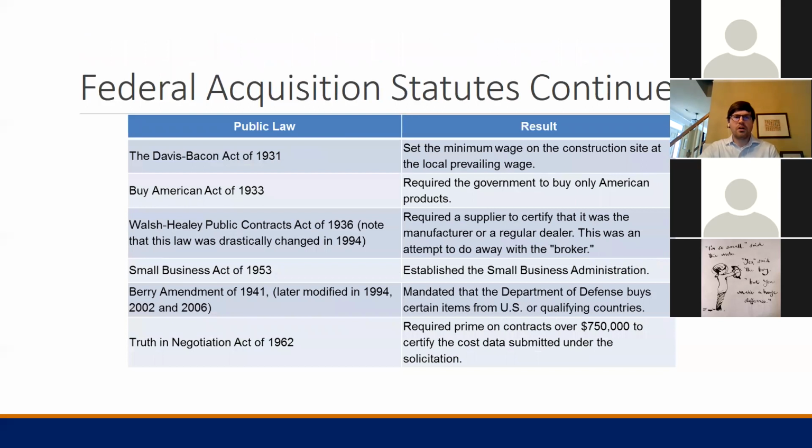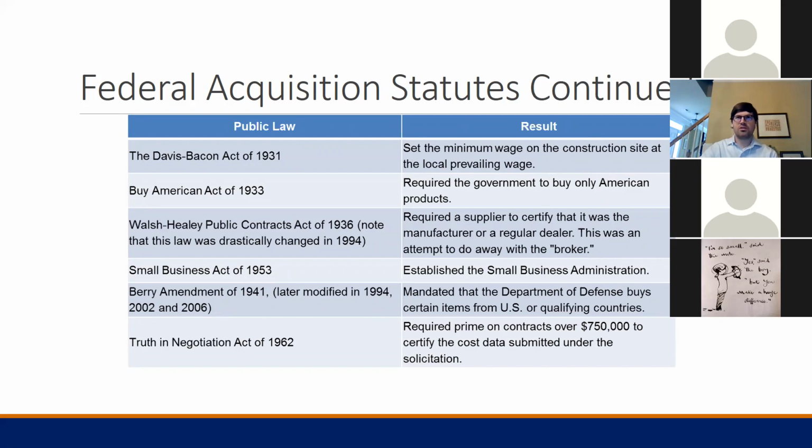I have just two slides here to show some of the various acts and statutes that are frequently referenced in solicitations. In FAR clauses themselves, they get incorporated because the statute is the overarching law that is passed by Congress, and that authorizes agencies to create regulations.